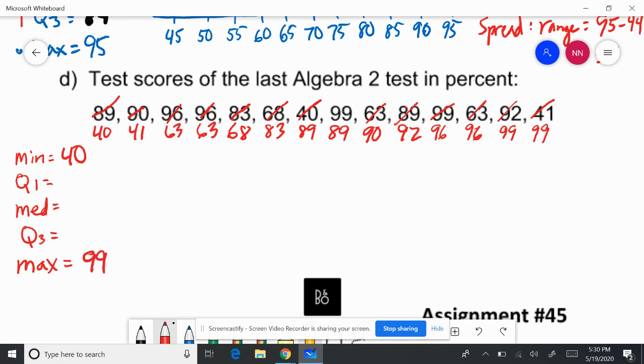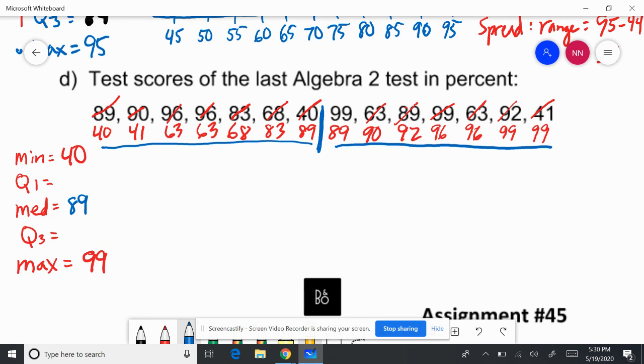We're going to count how many data points there are. 1, 2, 3, 4, 5, 6, 7, 8, 9, 10, 11, 12, 13, 14. So we have an even amount. 7 on one side and 7 on the other. So in between 89 and 89 is, of course, 89.